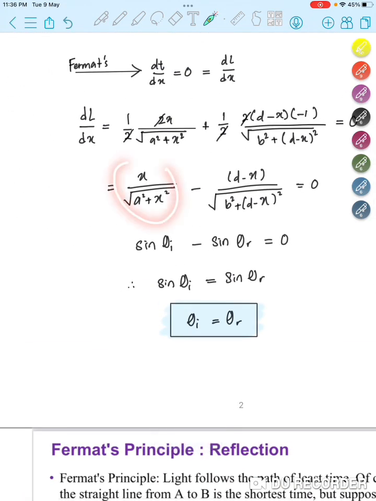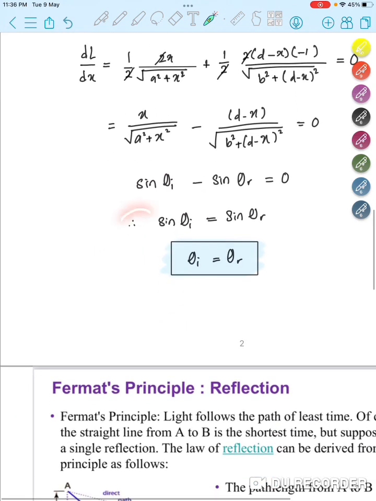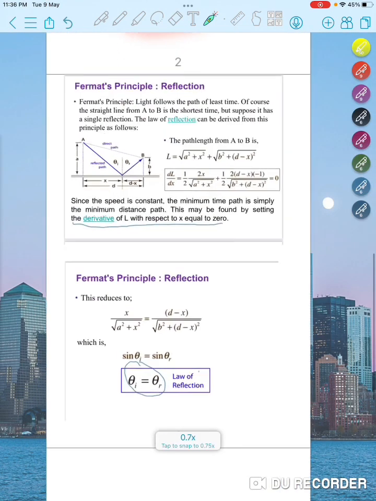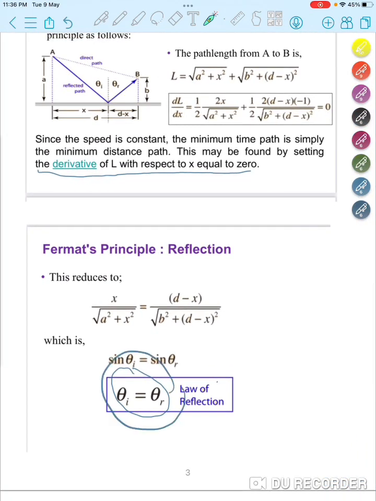So this is the sine of the angle of incidence and this is the sine of the angle of reflection. Then we write it like this, and the conclusion is sine theta incident equals sine theta reflection. So this is the law of reflection.